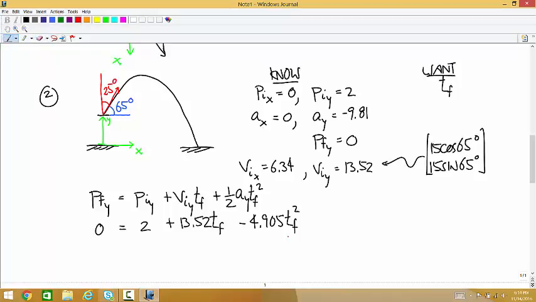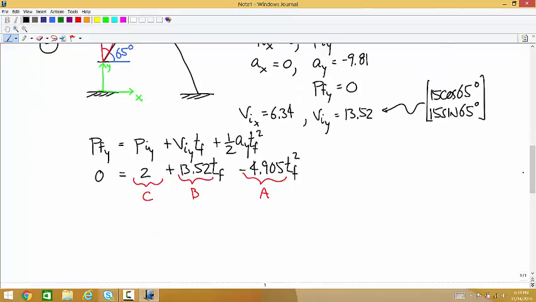And you can use the quadratic formula. This is A, B, C. And what are the two roots you get there? Okay, so TF is, so negative 0.1491. We want the positive one.